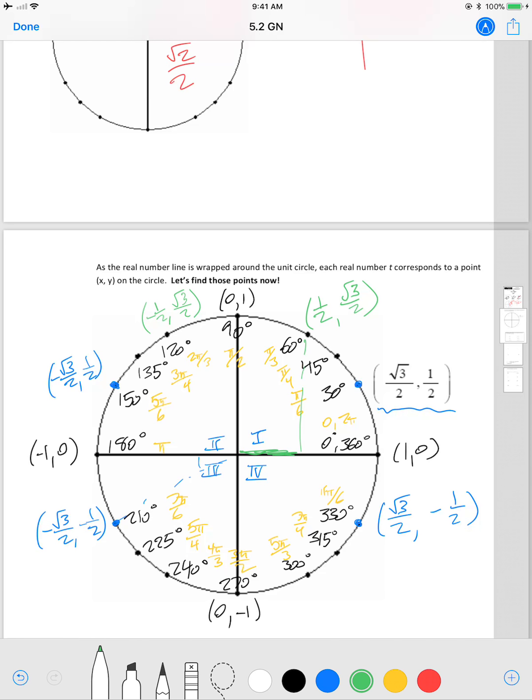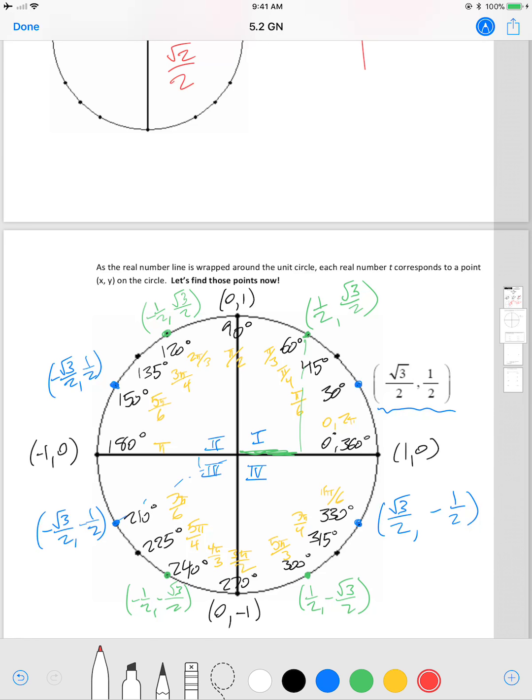I'm just changing my sign. Here in the third quadrant, both x and y are negative. Here in the fourth quadrant, x is positive, y is negative.